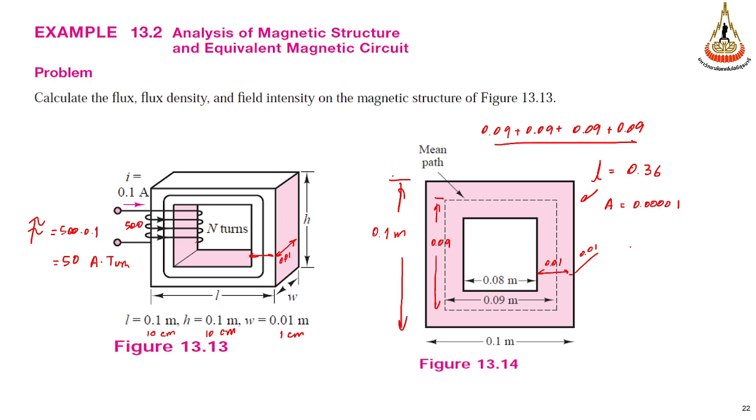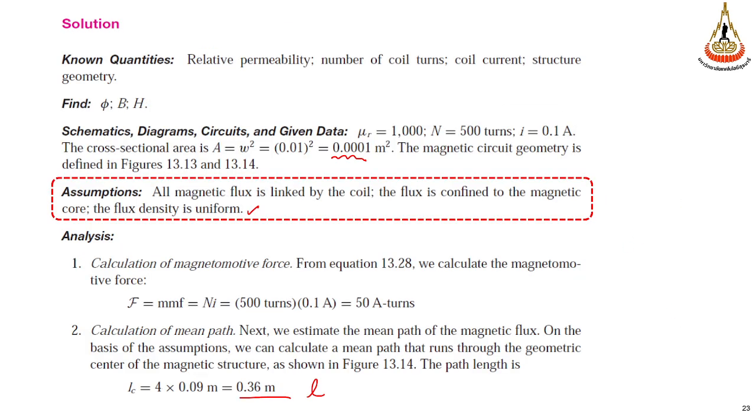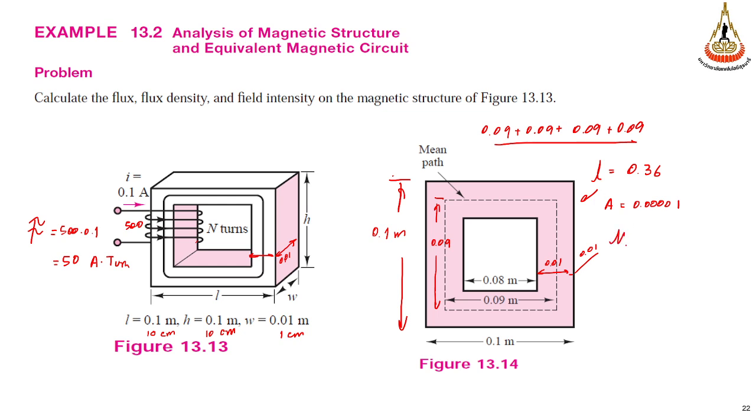And mu is 1000 times 4 pi times 10 to the power minus 7. Here we have all the required parameters.